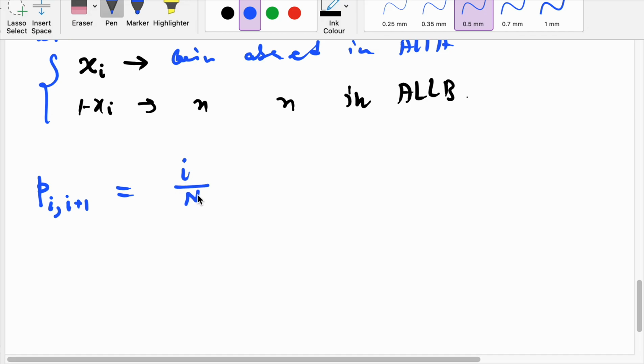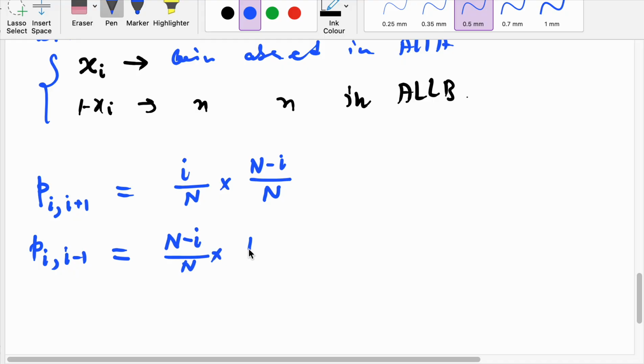We have to randomly select an A type individual to reproduce and eliminate a B type individual. And what is the probability that it goes from i to i minus 1 state? Now we have to randomly pick a B type individual to reproduce and one A type individual to die.